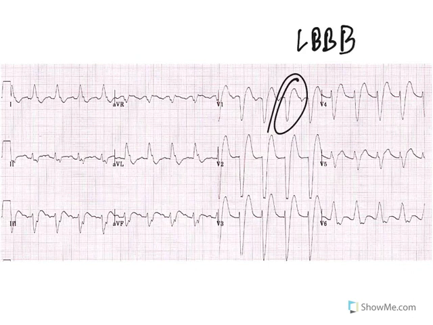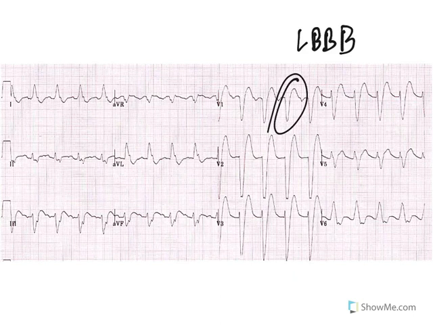In lead V1, in a left bundle branch block, I am looking for mostly downward deflection, because that tells me that the vast majority of that energy is going away from lead V1. And this is true because lead V1 sits over the middle of the septal wall, and that shows this rightward shift, okay?